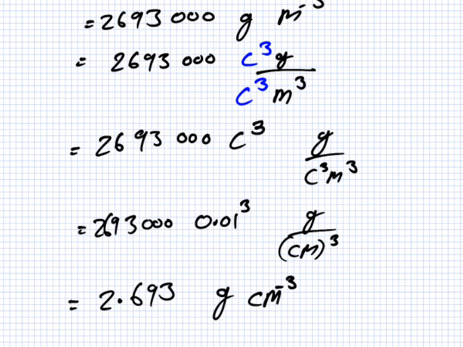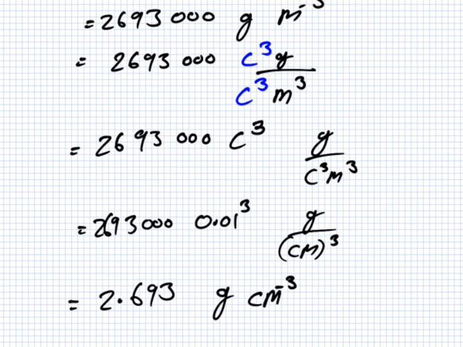And then what I'll do is, to make it a bit clearer, I'll just put the meter cubed underneath the G. Grams per meter cubed, like this.